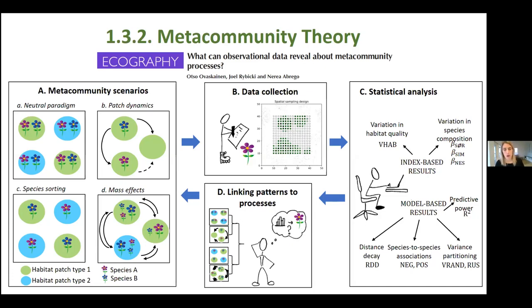So how well are we able to disentangle between these meta-community scenarios when we collect this kind of non-manipulative observational data and we apply different statistical methods to this data?